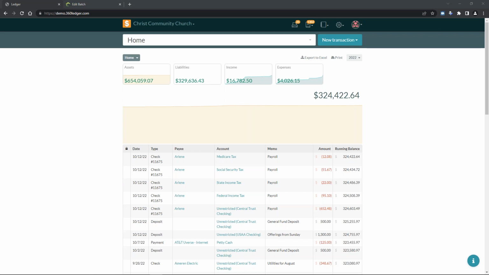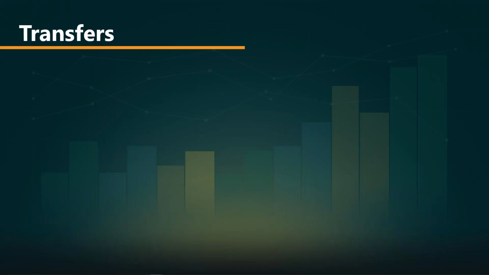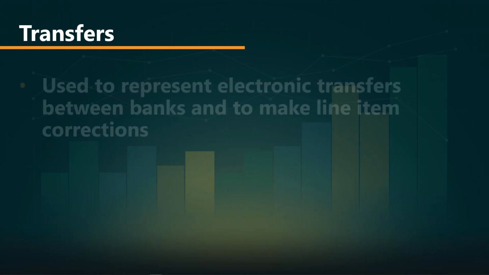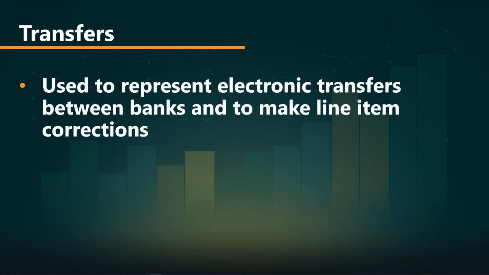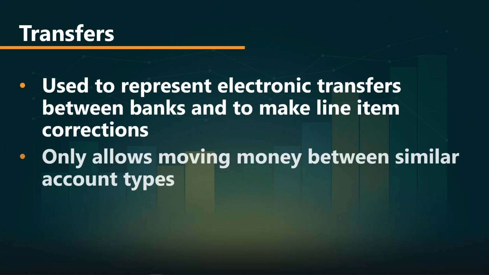So that next transaction is going to be for transfers. So any sort of electronic transfers between banks and any sort of line item corrections. So since they are going to be in the same line item, it will restrict itself to only allow money to be moved between similar account types.